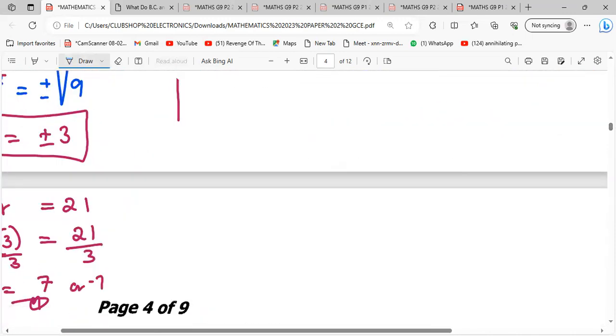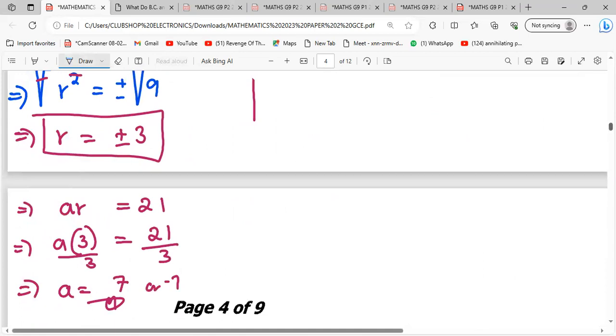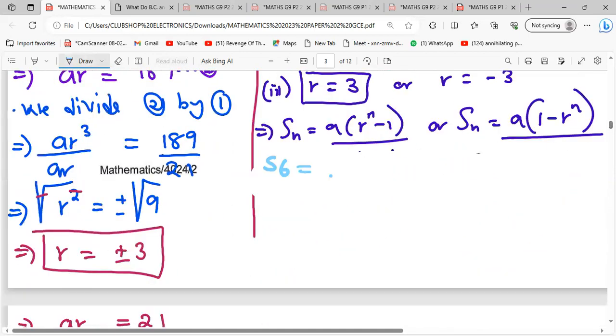Let's just verify what we got here. Our first term is 7. So we have 7, open bracket, r is 3, 3 to the power 6 minus 1, divided by r minus 1, and our r is 3. So 3 minus 1.